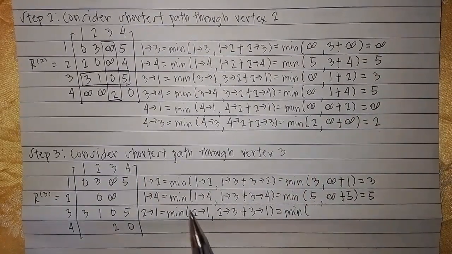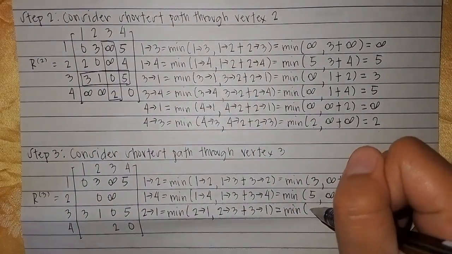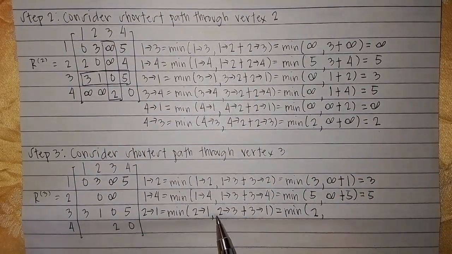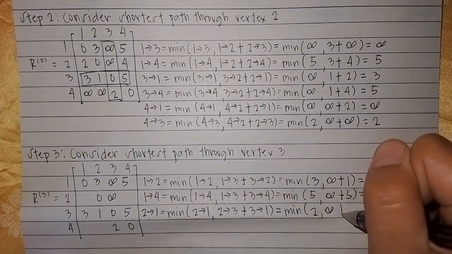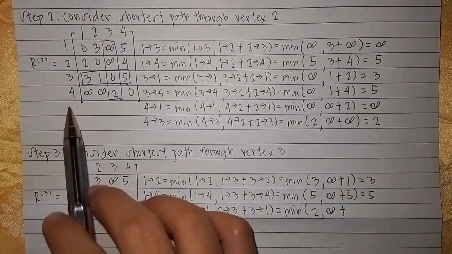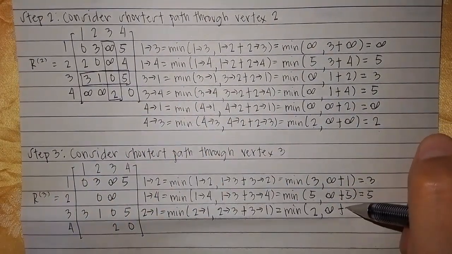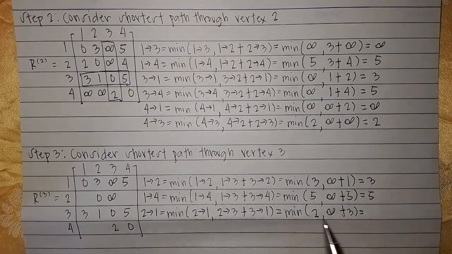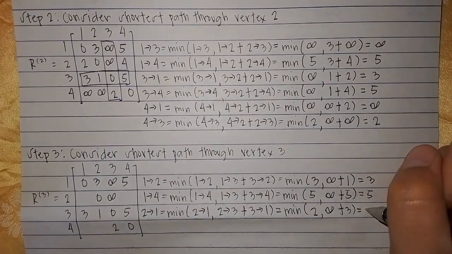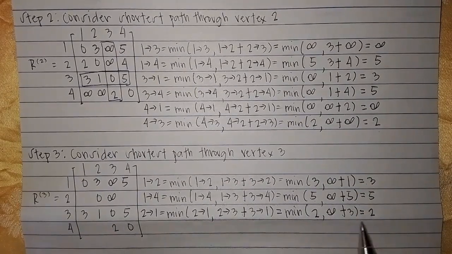So 2 to 1 is 2, then 2 to 3 is infinite, plus 3 to 1 is 3. So we will get this as 2. So 2 to 1 is 2.